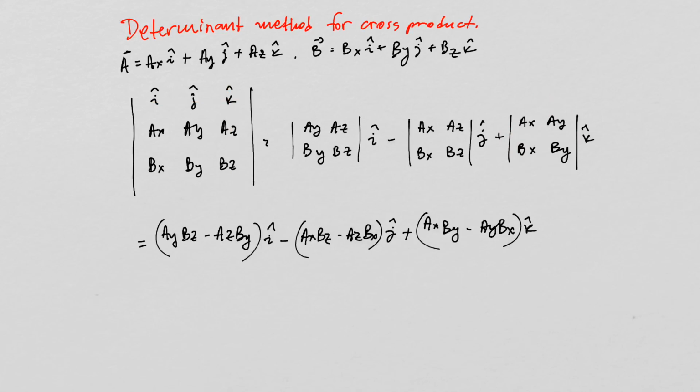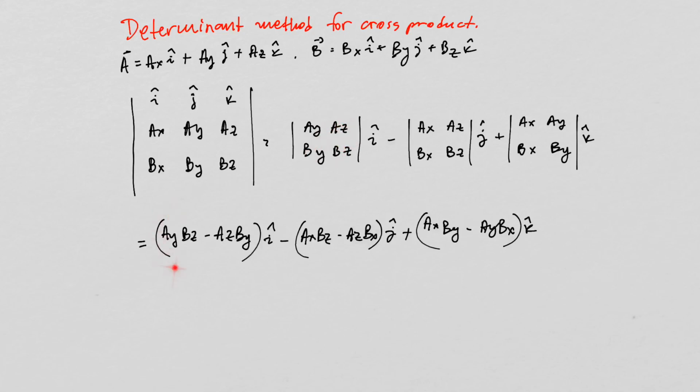And so by the rules of how we calculate 2 by 2 determinants, I start with the upper left corner multiplied by the term in the lower right corner. And then from that I subtract the product of the term in the upper right corner and the term in the lower left corner. So AY BZ minus AZ BY.